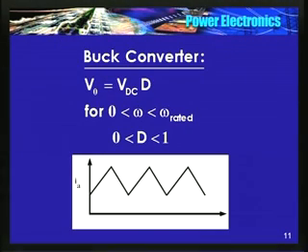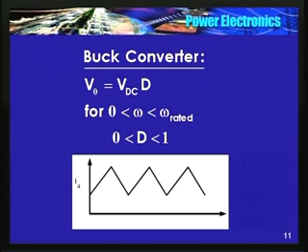Okay. So if I have to control the current, I can control it in this fashion, or at steady state current increases, decreases for a continuous mode of conduction. For omega 0 to omega rated, D will vary from 0 to 1.